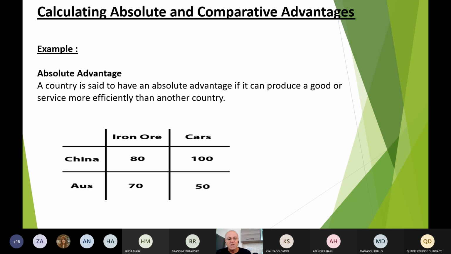As you are observing, China becomes more productive or more advantageous because they are producing 80 iron ore and 100 cars, relative to Australia, which is 70 units of iron ore and 50 units of cars.